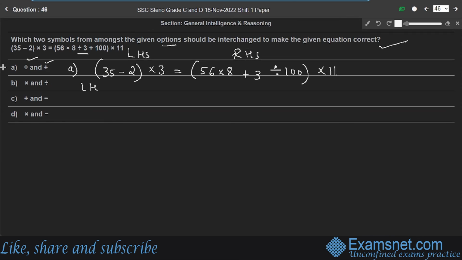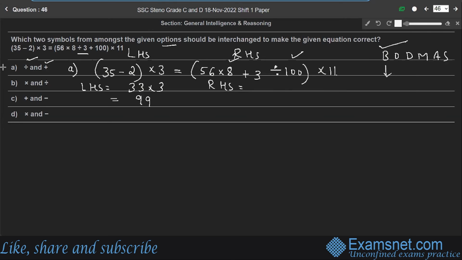So LHS is equal to, by Bodmas rule, go for bracket part. 35 minus 2 is 33 into 3 is 99. Whereas right hand side is equal to, remove the bracket in which inside the bracket we have division, multiplication and addition.